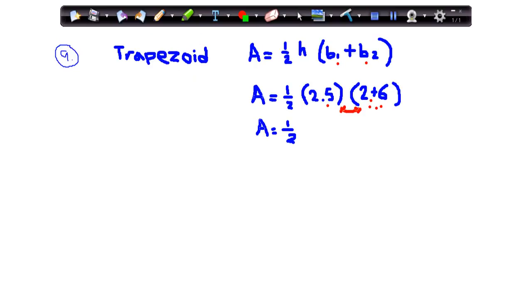So then it'll look like this. Okay, so that's what we have. And so you have A is equal to half times 20. And we know half of 20 is 10. So your answer is going to be A equals 10. Okay, that's your answer.